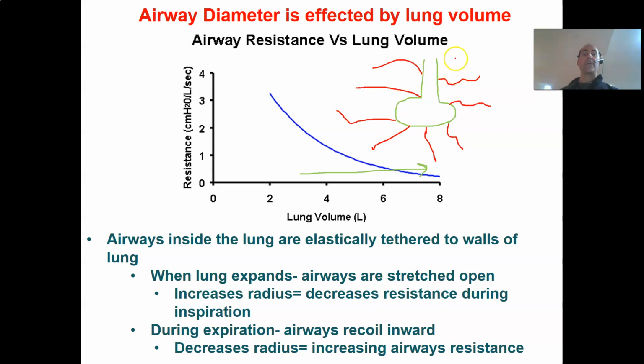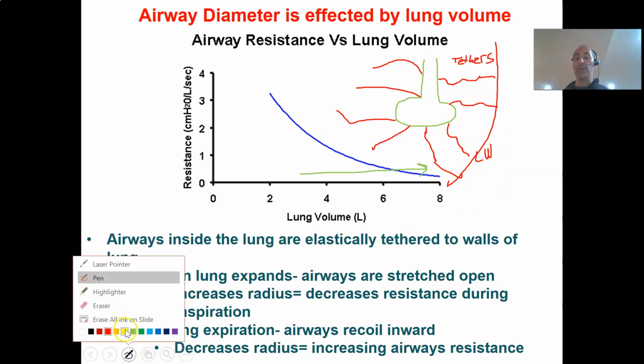So these red strings are tethers. When the lung expands, right, the lung tissue, remember this is all connected to the lung tissue. Let's imagine that this particular lung only has one alveolus. So this is the lung wall, right?